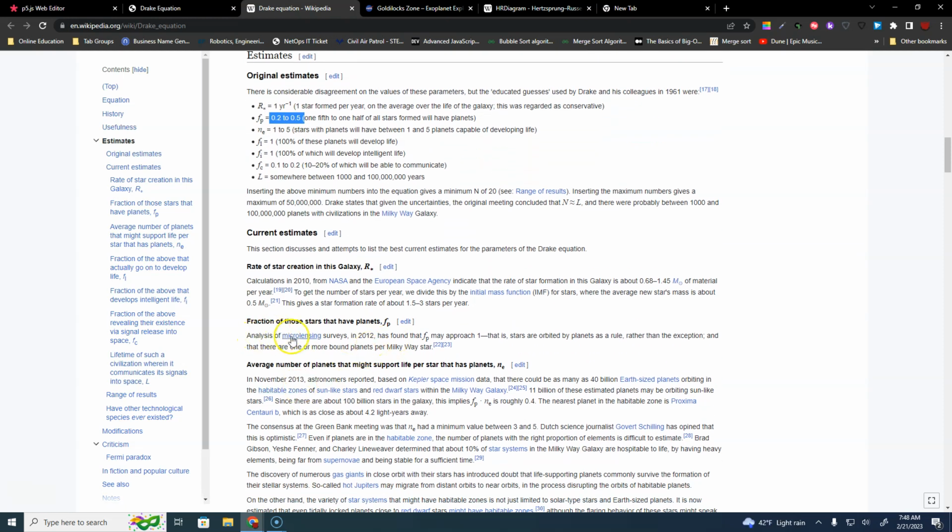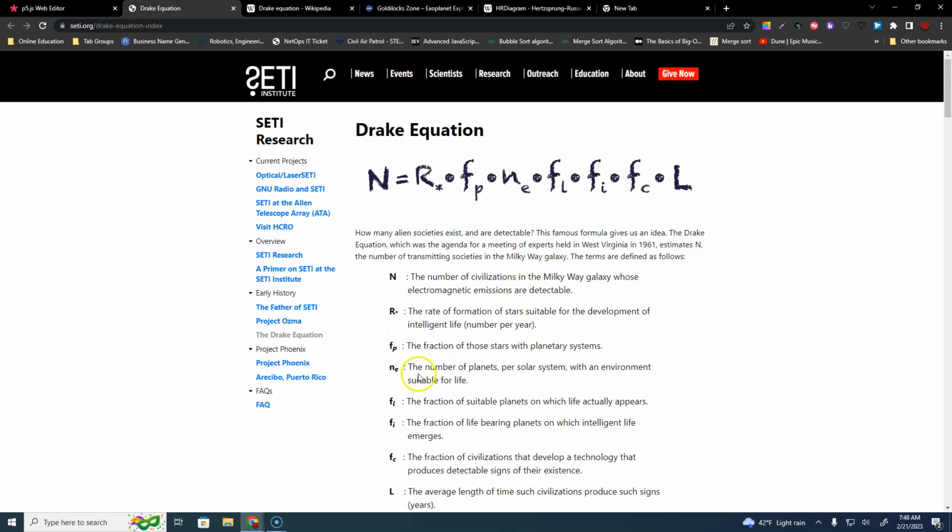And here, analysis of microlensing in 2012, they found that f of p may approach 1. That is, all stars have some planets, as a rule, going around it. Instead of having planets rotating around the star being the exception, it's the rule, it's the default. Okay, so we would build with that.